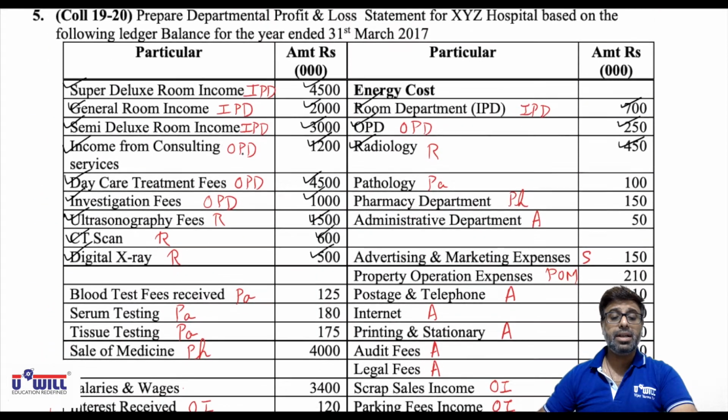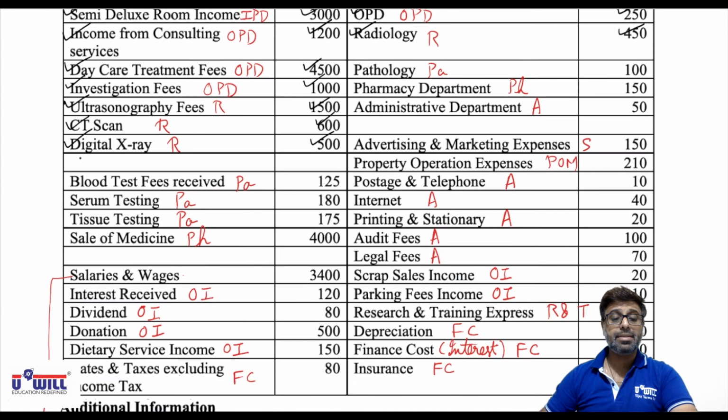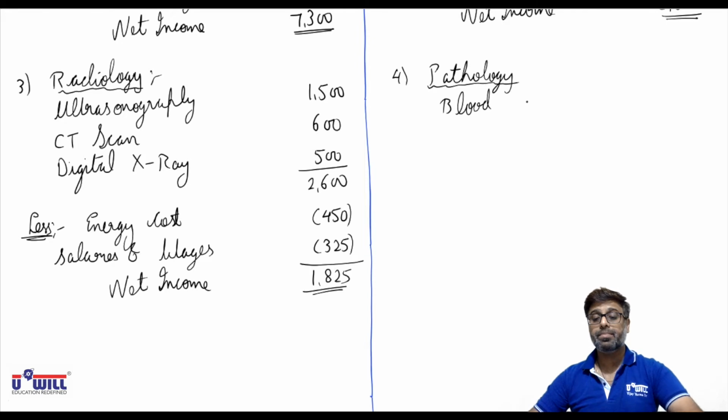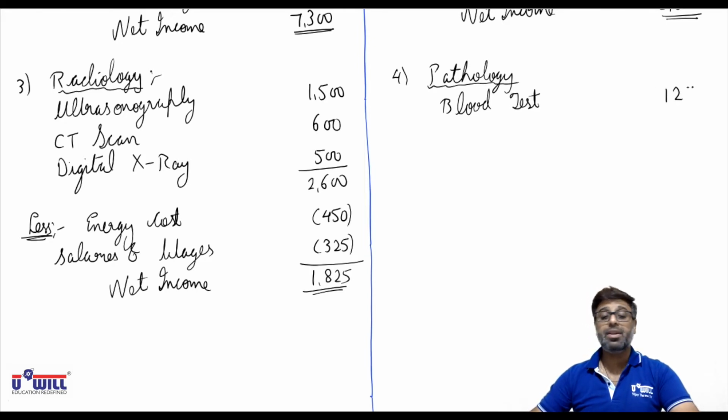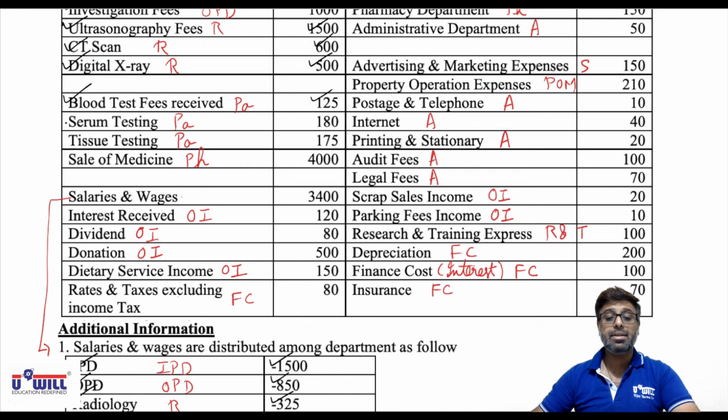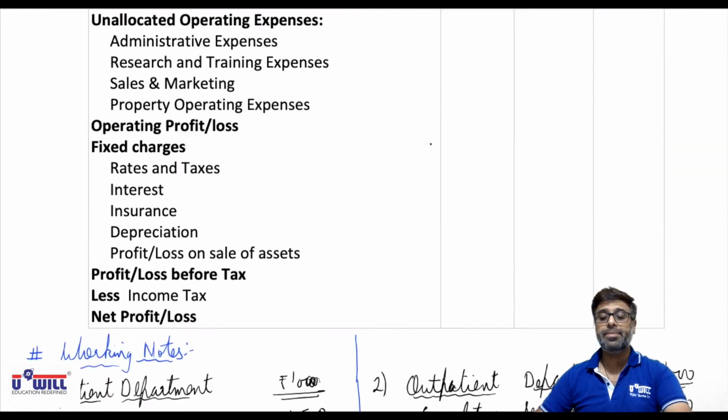So very first the incomes we have blood test fees received 125. Then after blood test we have serum testing 180.